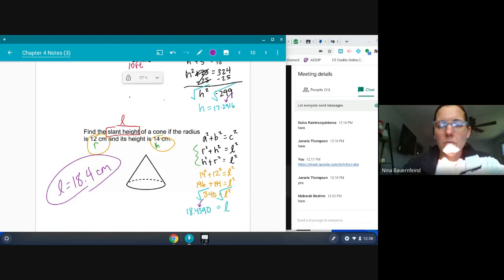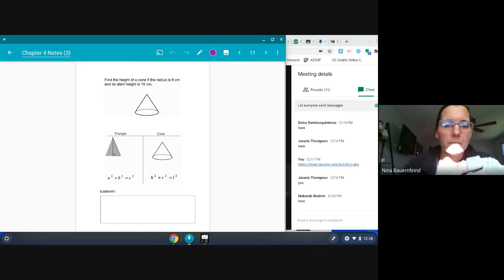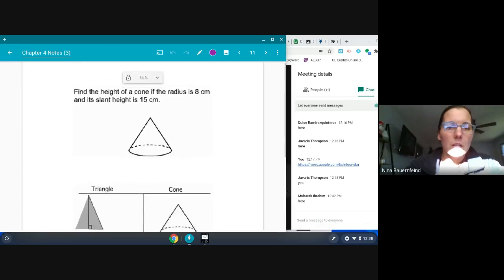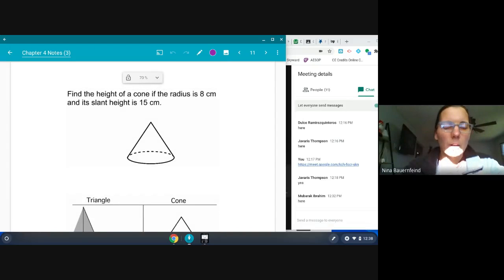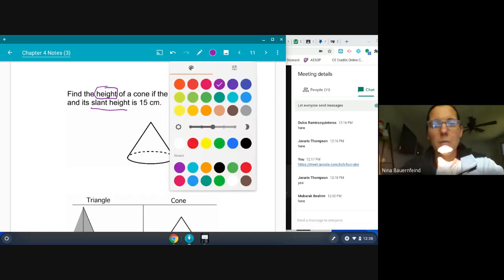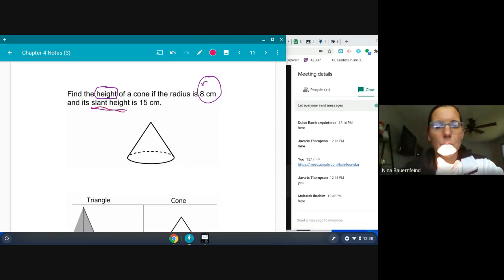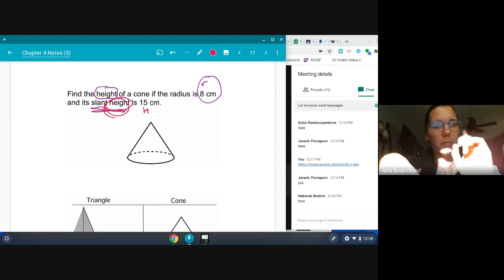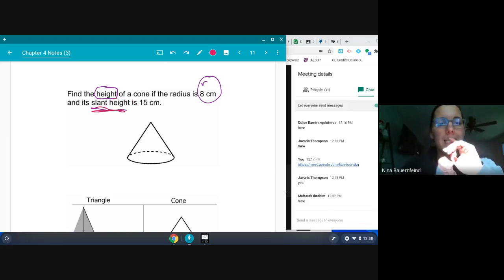So now, flip it. This one says find the height of the cone. So we're looking for the height. If the radius is 8, so R is 8, the slant height, be really careful when you're reading assignments. It's not as bad for this quiz, but some students would just see this and think, ooh, this is H, but it's not. It's the slant height.